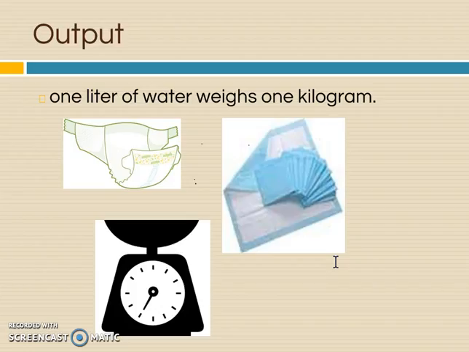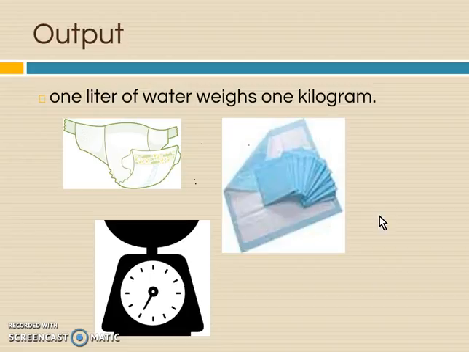I'm going to show you how to do that. So we have here 1 liter of water weighs 1 kilogram. Oftentimes, patients will wear adult briefs or chucks. This is a chucks, C-H-U-X. They use these to help measure the output when output is being measured.